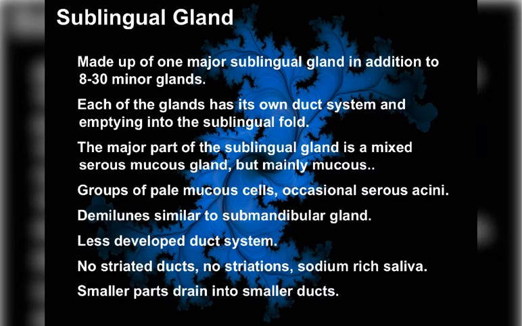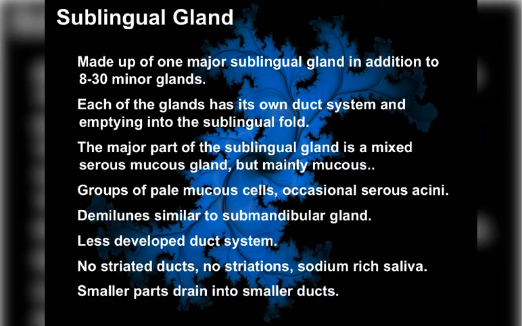The major part of the sublingual gland is a mixed mucoserous gland, but mainly mucus. Groups of pale mucus cells and occasional serous acini. Demilunes similar to the submandibular gland. Less developed duct system. No striated ducts, no striations, sodium-rich saliva.